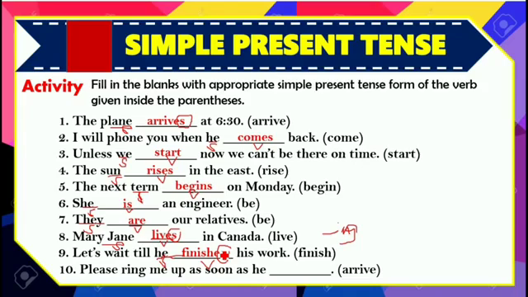Number 10. Please ring me up as soon as he blank. What's the answer? It is arrives. Please ring me up as soon as he arrives. So where is our subject? He, and our verb arrives. Again, we have added an s to make it singular because our subject is singular.